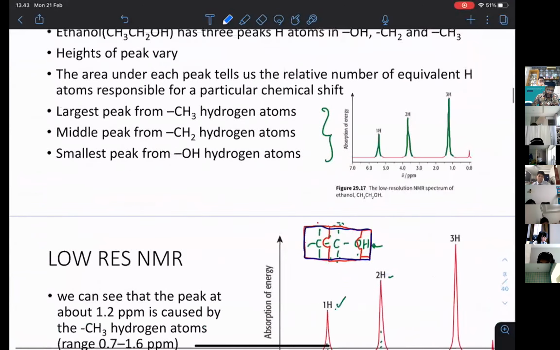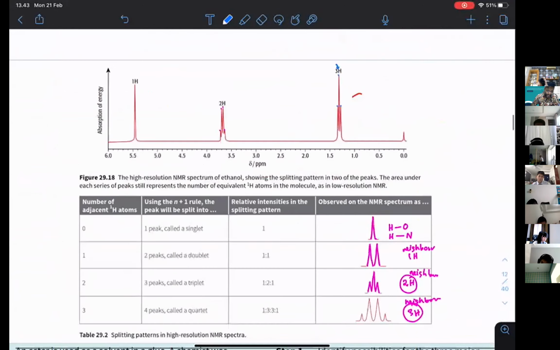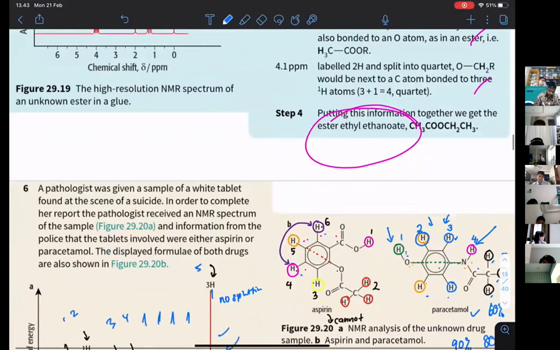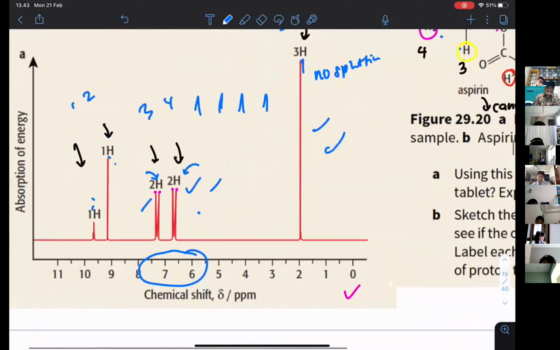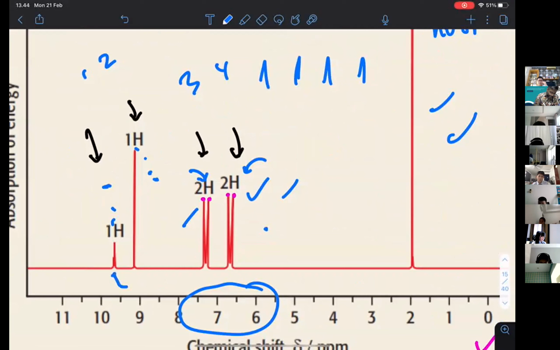Let's look at 4.5 to 10. Which one comes under 4.5 to 10? I can see this one or this one. So maybe not sure. It can be both.